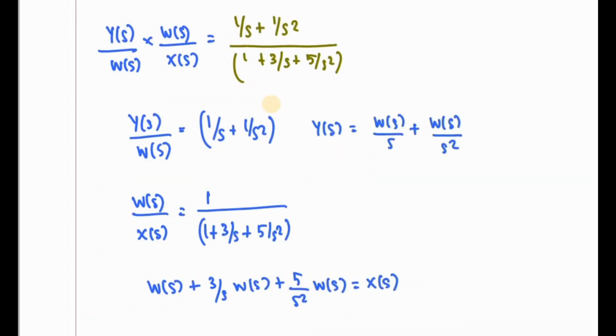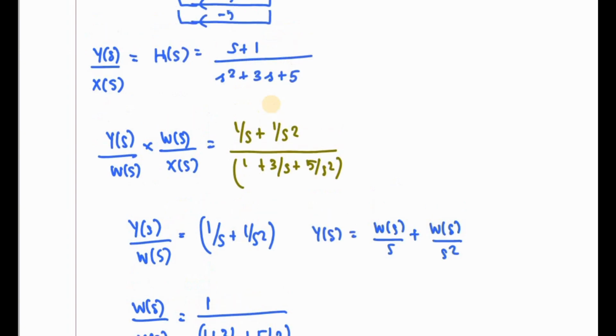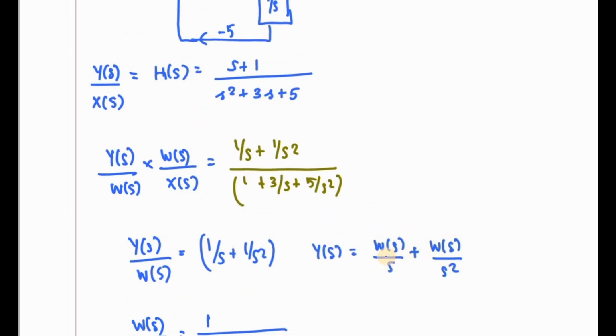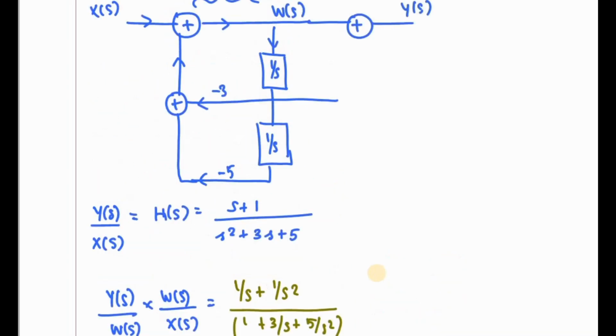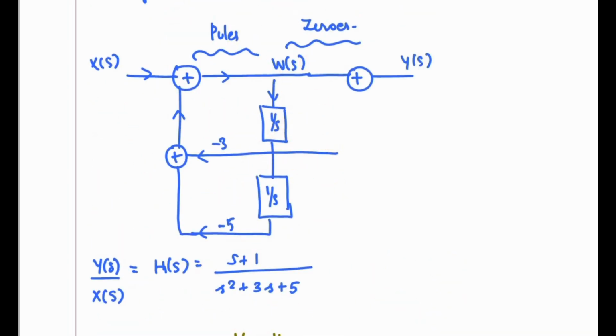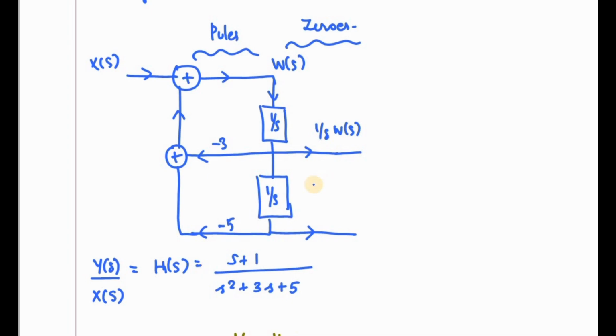So if it is w of s, y of s should be w of s by s. So this is my w of s by s, right? This is my 1 divided by s into w of s, right? You should not change the direction, right?